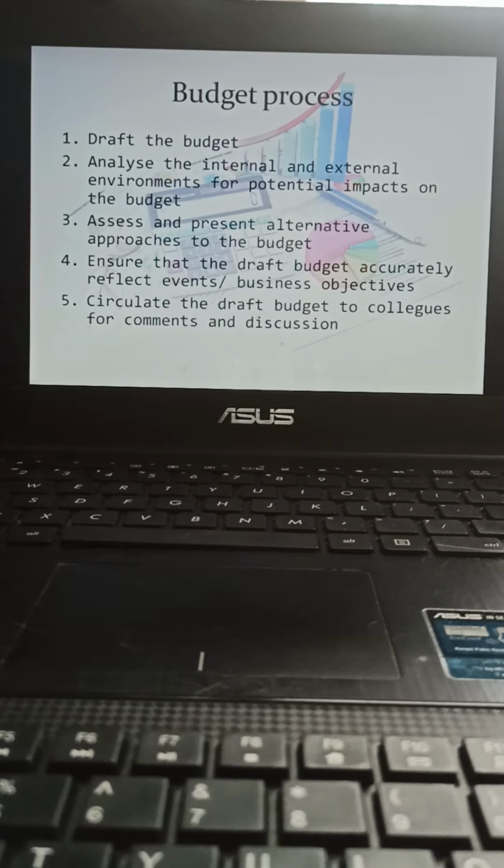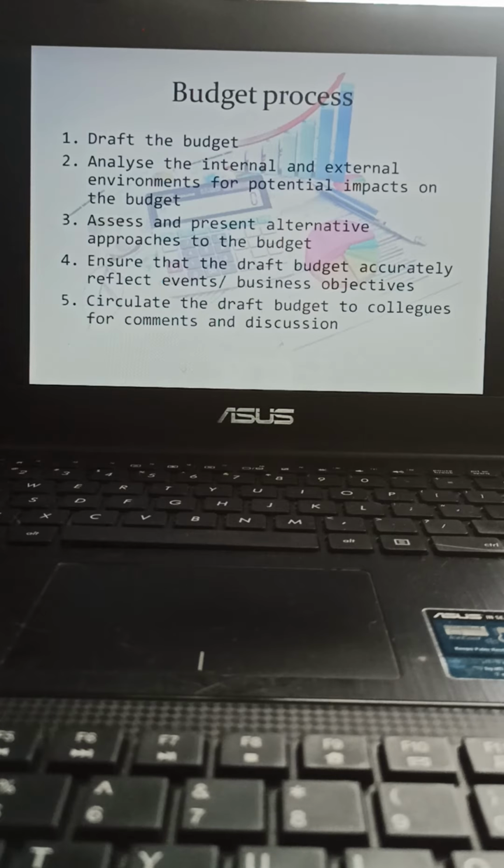Okay, budget process. First you need to draft a budget, just a draft, and analyze the internal and external environment for potential impact on the budget. Anything that's going on internally or externally that will potentially have some kind of impact on your budget, you have to analyze that. Assess and present alternative approaches to the budget.